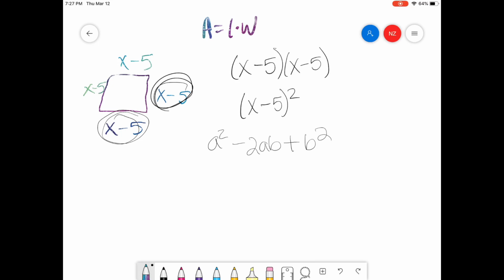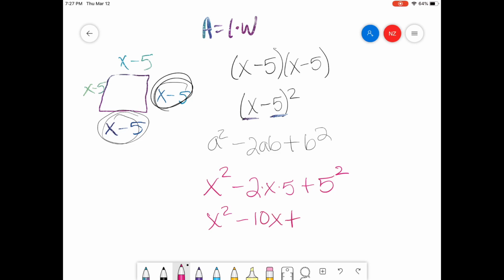So if I know that a is x and b is 5, I can evaluate this using my perfect square trinomial rule. So in this case, x squared minus 2 times a times b plus b squared, okay? So I have x squared minus 10x plus 25. And this is just one part of this first section of the problem.